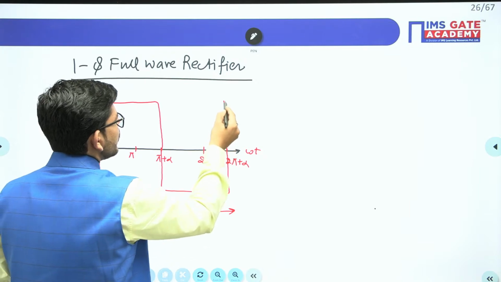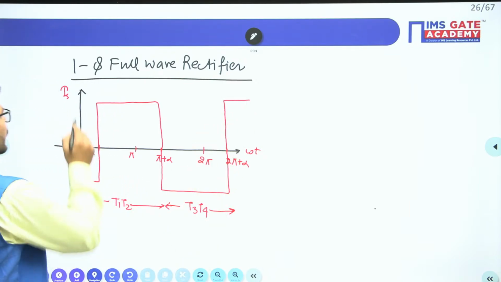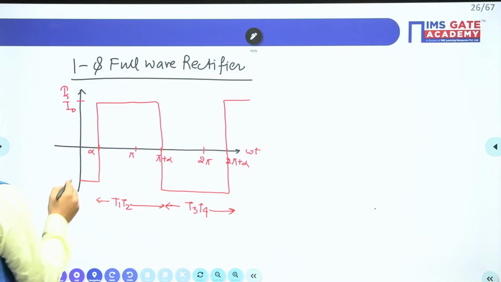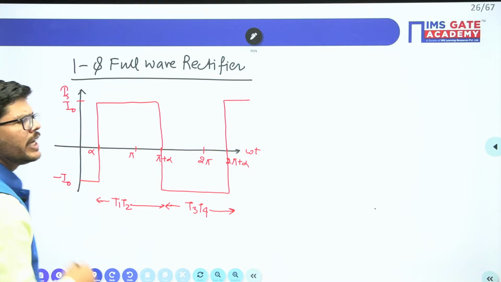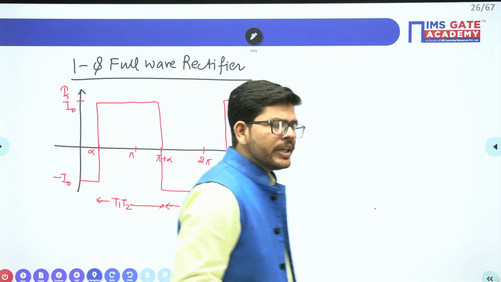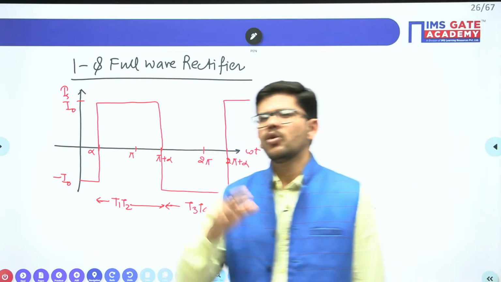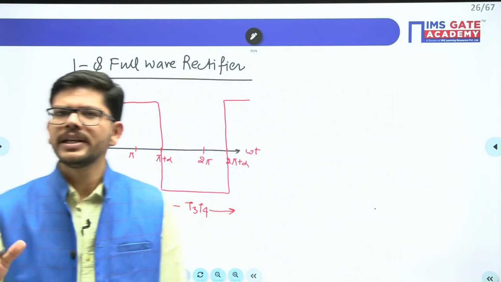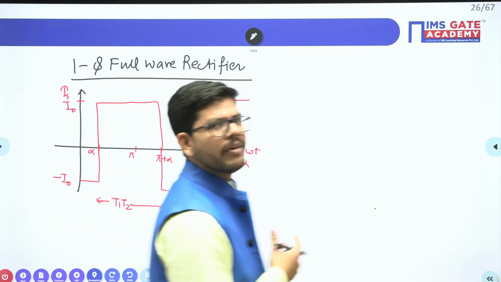So this is the source current waveform. See how very easily we have drawn this. No need to go into so many concepts, guys. This is very easily drawn.